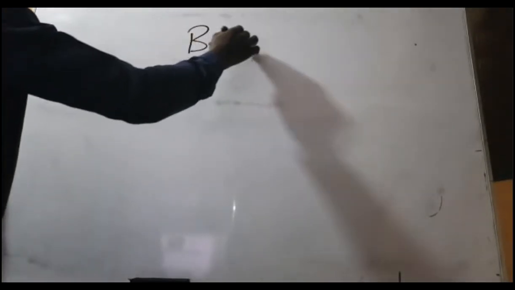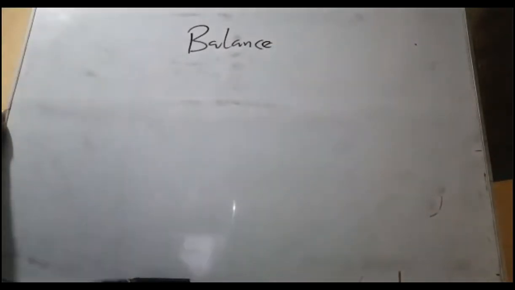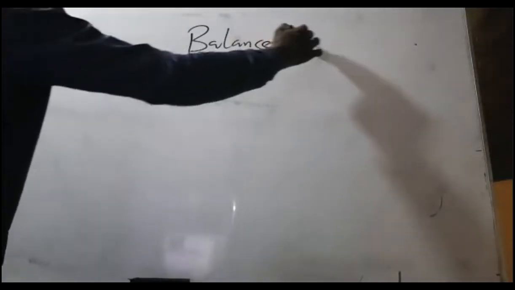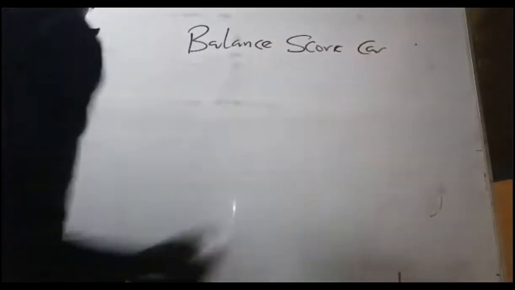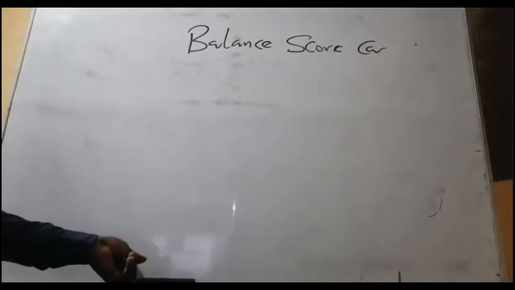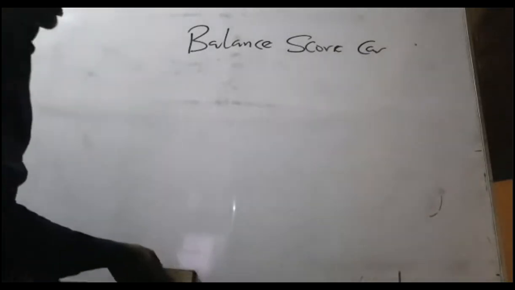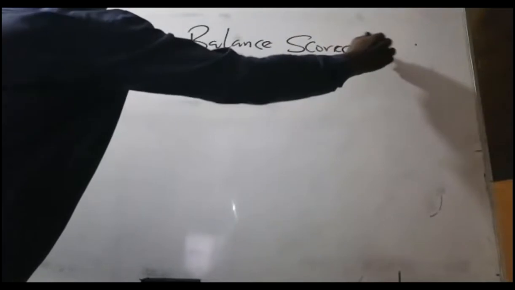Balance scorecard. So as the name suggests, it's a score card, but you have to balance it. But the scorecard is usually one word, not separated. So it's a scorecard.